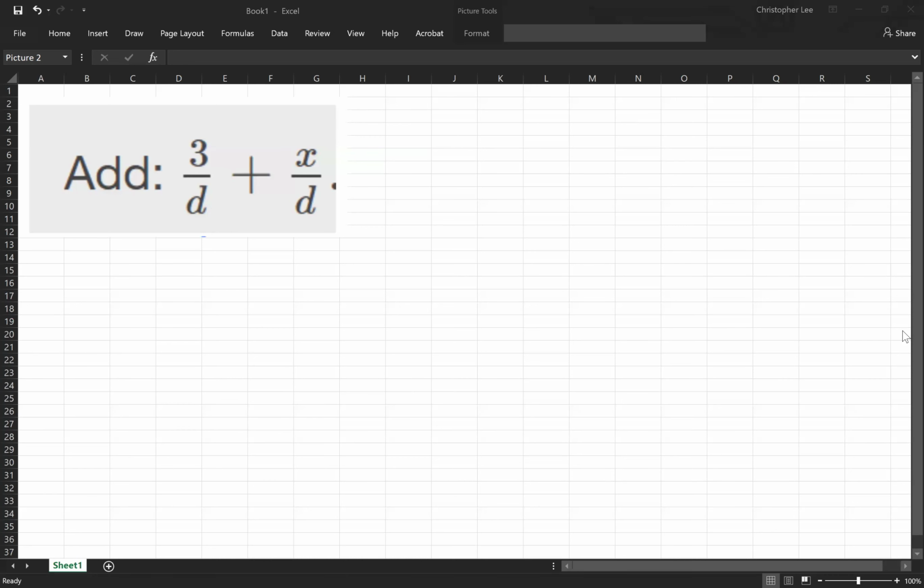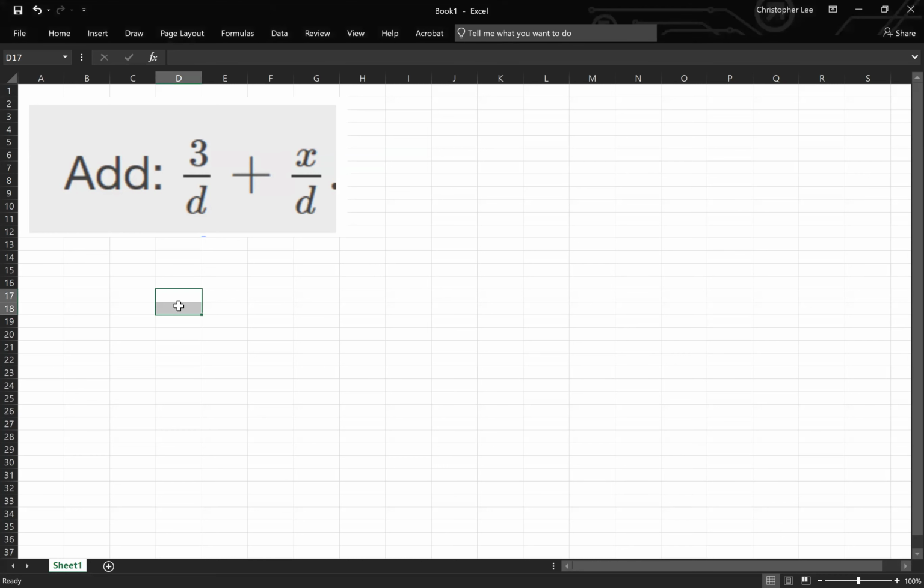All right. I want to start off with a little blast from the past. I want to add 3 over d plus x over d. How do I do that? 3 over d plus x over d equals 3x over d.